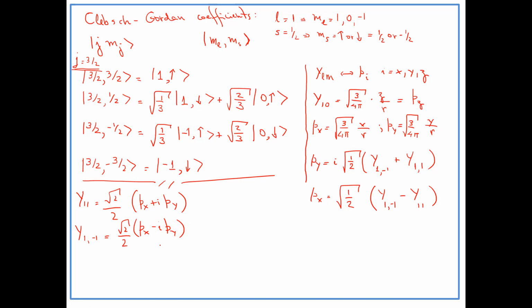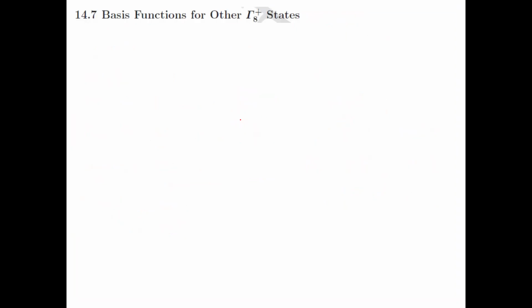Great, because after we do that, since what I have here are precisely these spherical harmonics with different values of ML, I can just go ahead and write, let me find some space here.